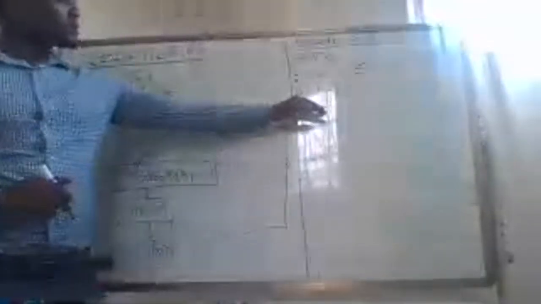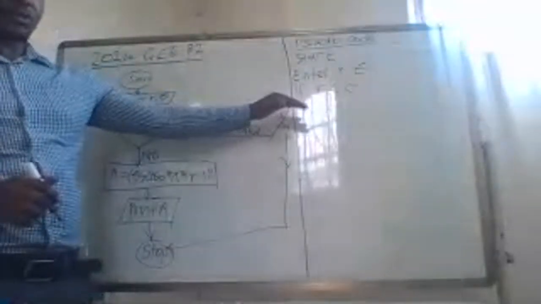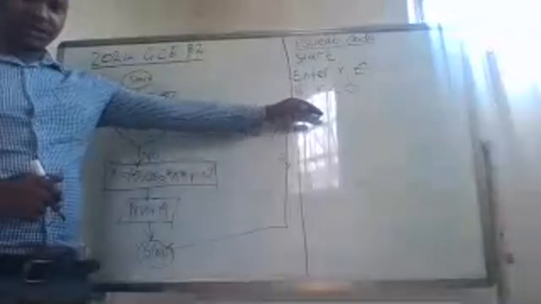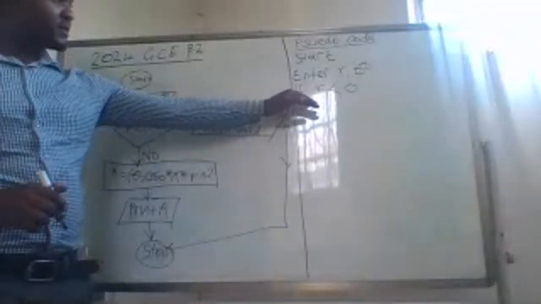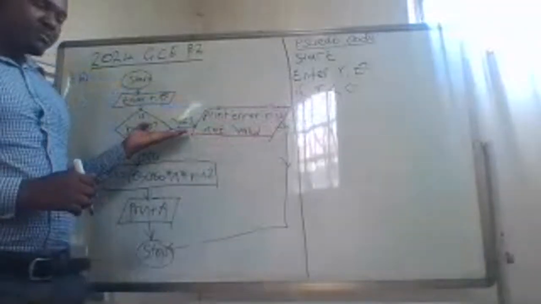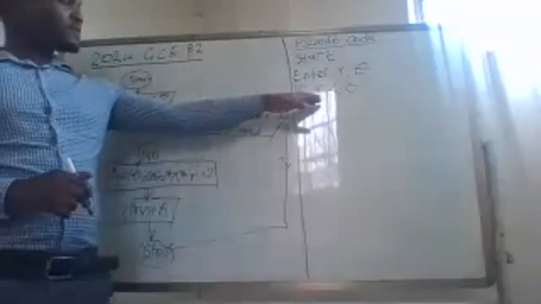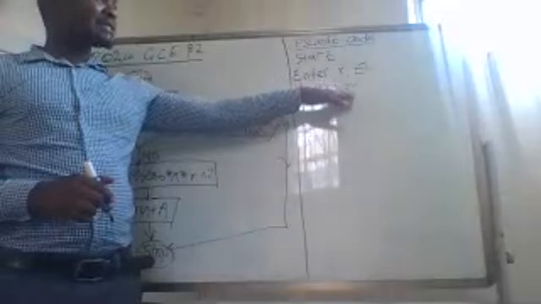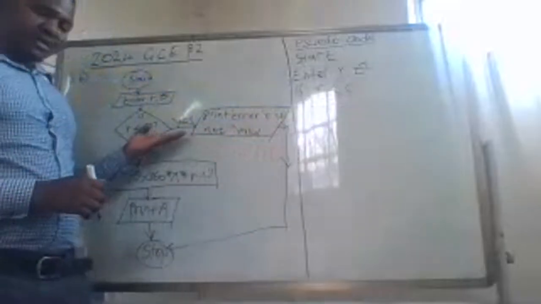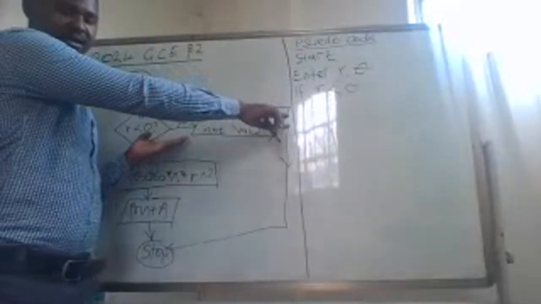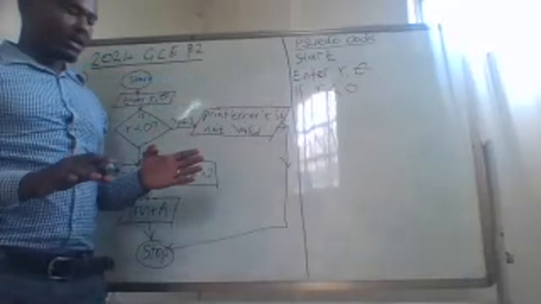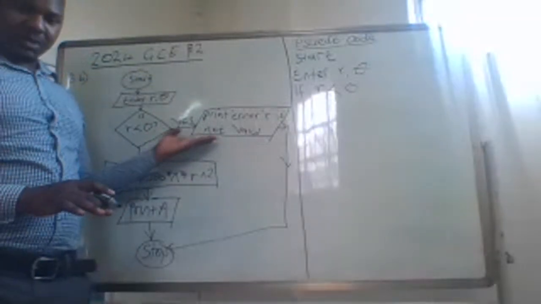Always after the if function, what comes next should be the yes part. If R is less than 0, then what should follow on your pseudocode is the yes part.